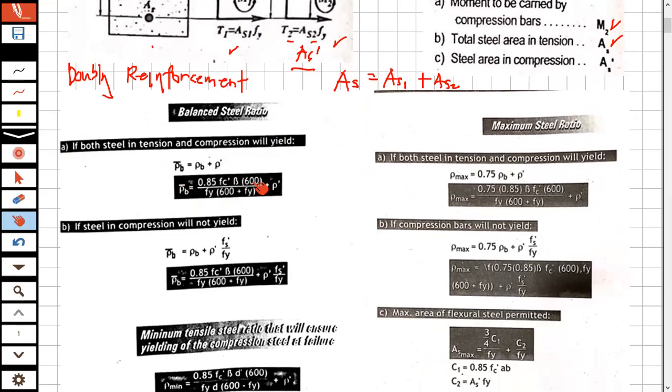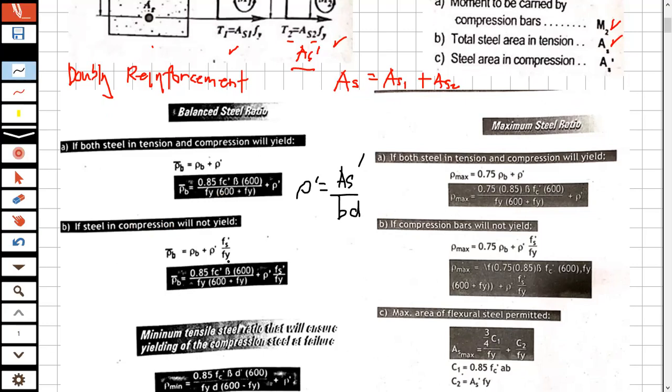Actually, pagka nagdi-design tayo ng double reinforced beam, we are assuming that the compression will yield simultaneously with the tension reinforcement. So you have here this formula, very familiar, ano? So how do we compute, by the way, itong rho prime has something to do with As prime. So rho prime is equal to As prime over bd.